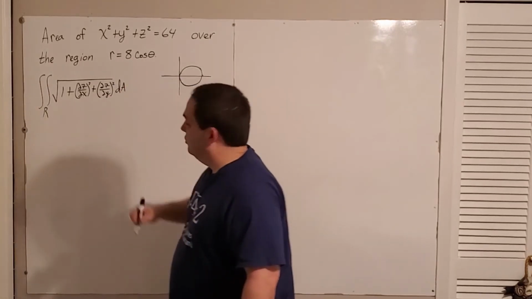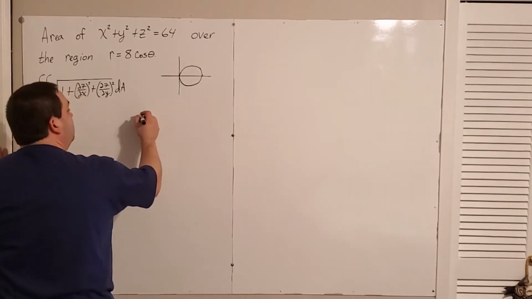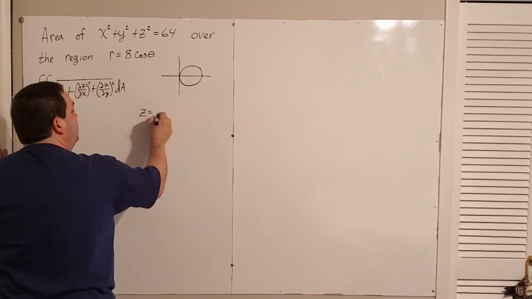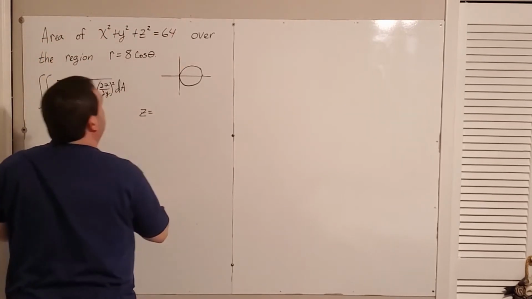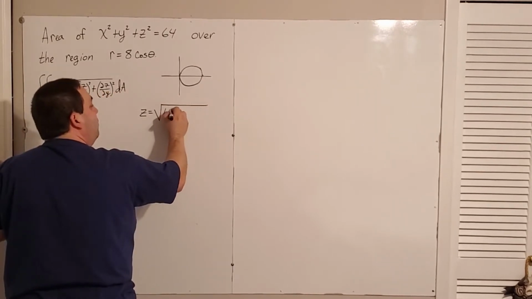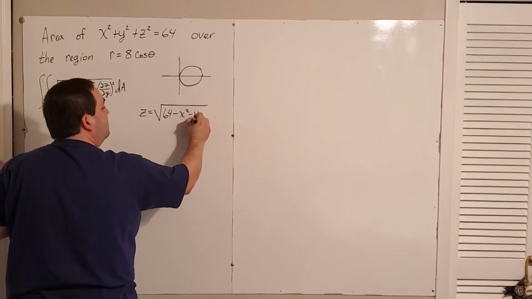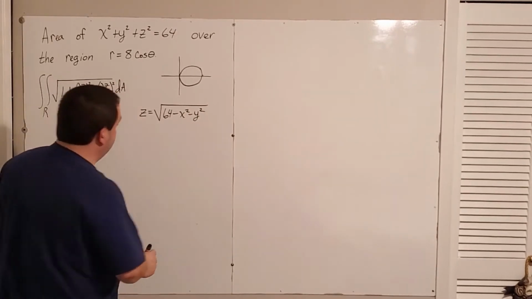So I need my partial derivatives. So first, I'll need to write down what z is, right? From here, solve for z, and I'm going to get square root 64 minus x squared minus y squared. And then we need to do our derivatives.